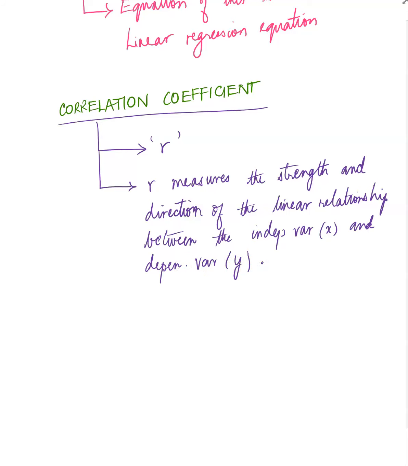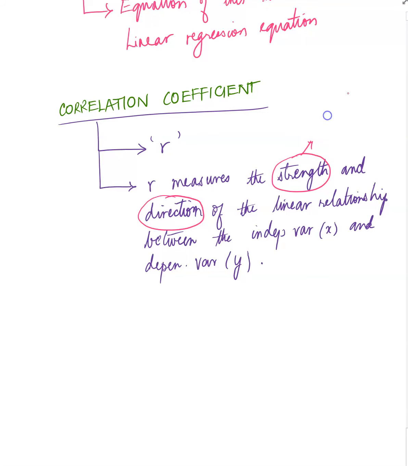Think about this. It measures the strength, how strong it is, and the direction, left or right. When we say strength in math, particularly, the meaning for strength here would be: is it positive or negative? Did I switch it around? I'm sorry. Well, you can use it interchangeably too, I think.